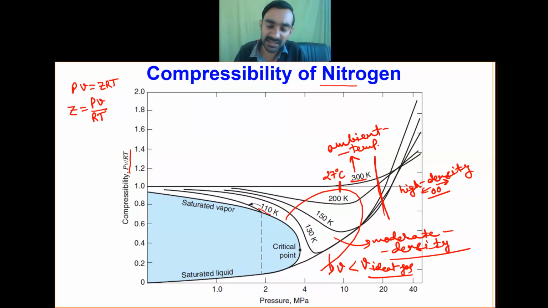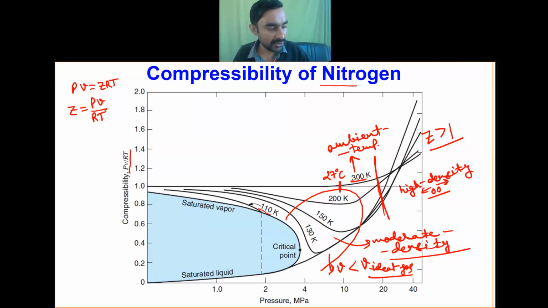Because of the repulsive forces, molecules will try to occupy a wider volume in comparison to the ideal behavior, which they would have had without any interactions. Okay, so because of that, in this particular region, the value of Z is greater than 1.